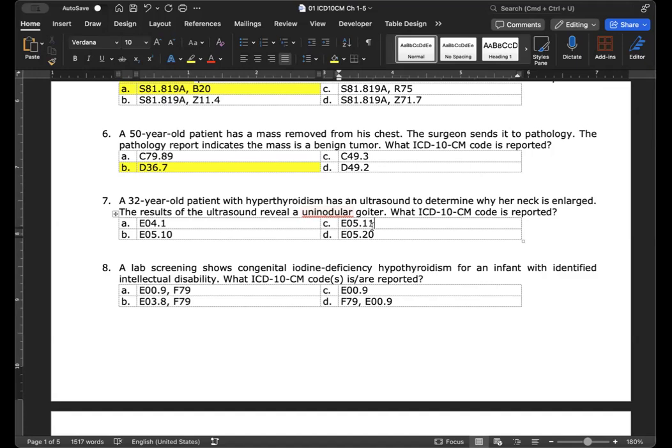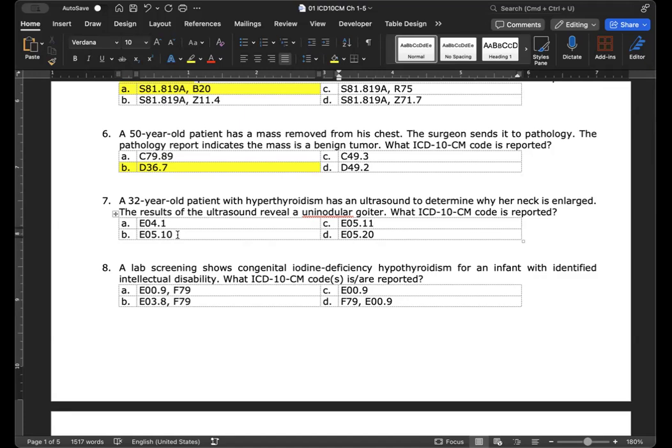Yes, this makes sense. And then this code has the goiter in it, so the other ones don't specify that. Which other ones? Like E05.10. Oh, were you looking at your tabular? Yeah. Okay. So the E05.10, let's look at the actual code description. E05.10 is thyrotoxicosis with a toxic single thyroid nodule.